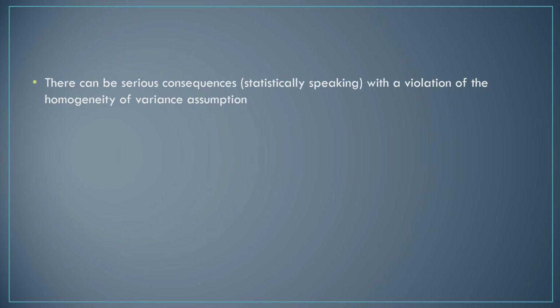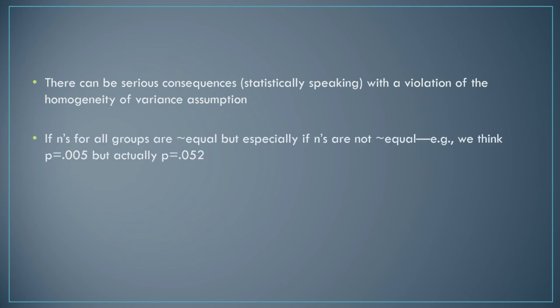And really what's happening is by violating this assumption, you're changing and unable to have enough power to be confident in your statistical results. And what this looks like is a very big change in your p-value, where all of your groups are equal versus those that are not equal.